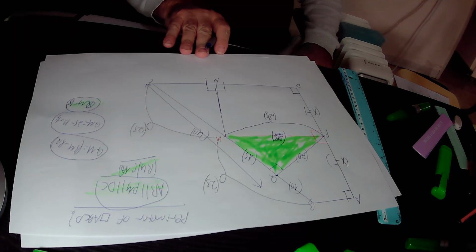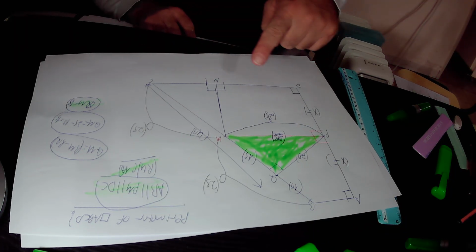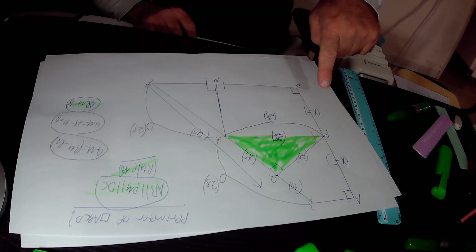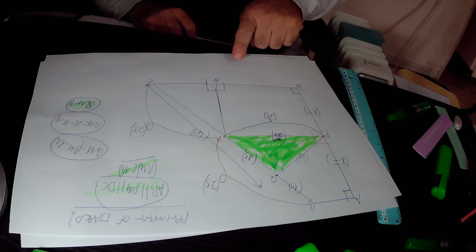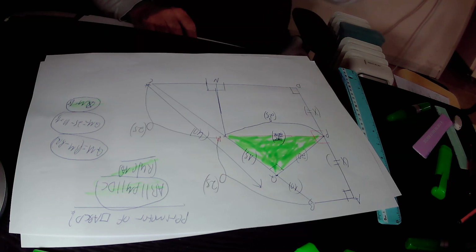By doing this construction, we get quadrilateral PMND. Inside quadrilateral PMND, we have 1, 2, 3 right angles. The sum of 3 right angles is 270 degrees.